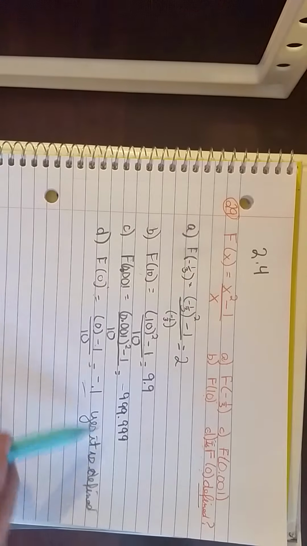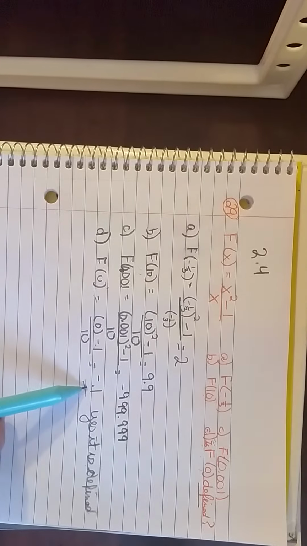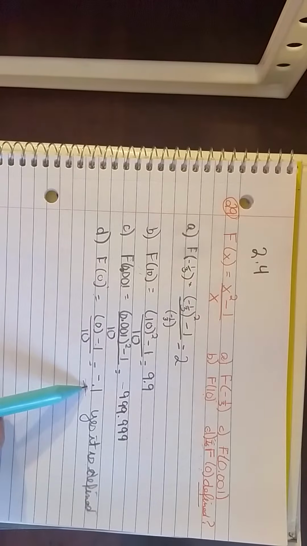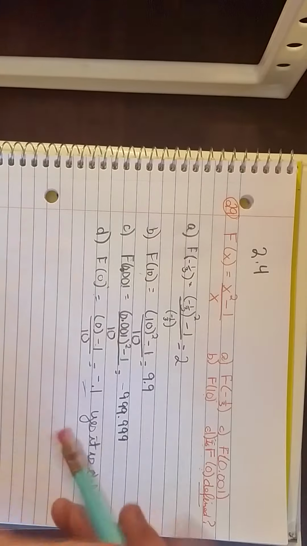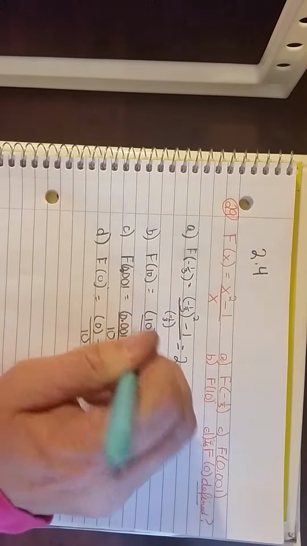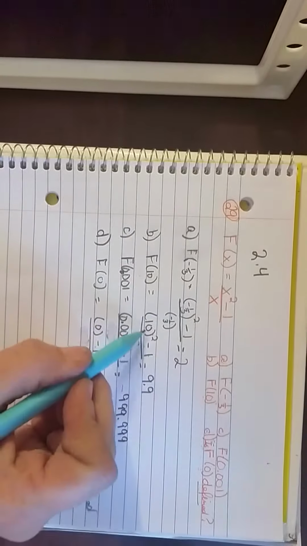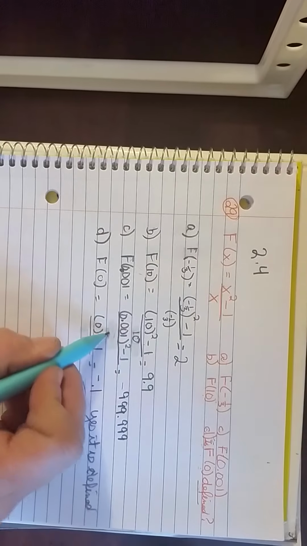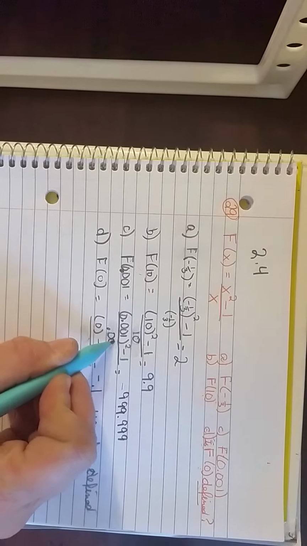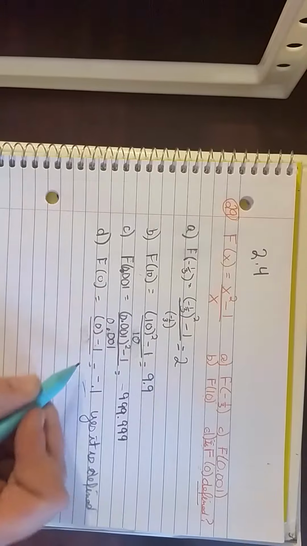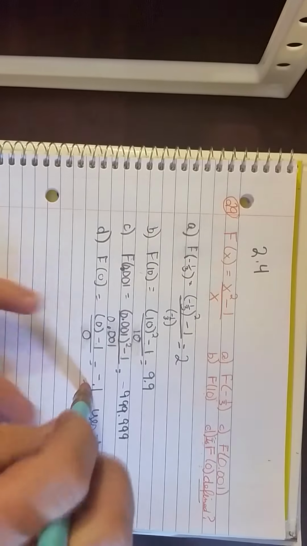Back up. My bad. All the way down I have messed up. No, not all the way. That's why that was 10. This should have been 0.001. And this should have been 0.